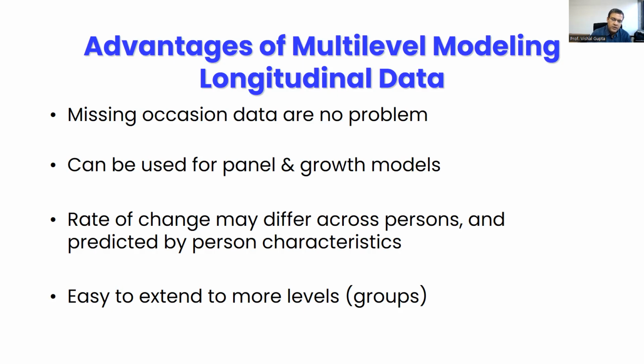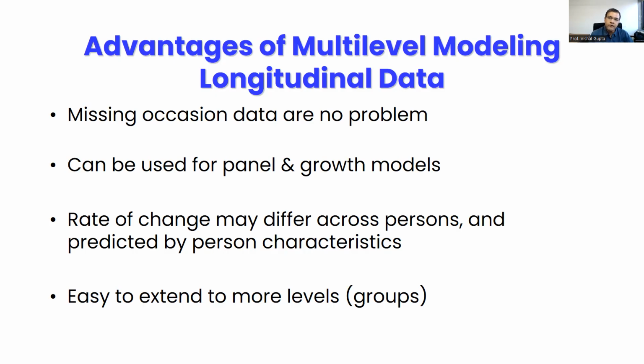In our workshop we have done 2 levels. But in papers, very rarely though, you will see they are also modeling 3 level data. So time is nested under individuals, individuals are nested under schools.